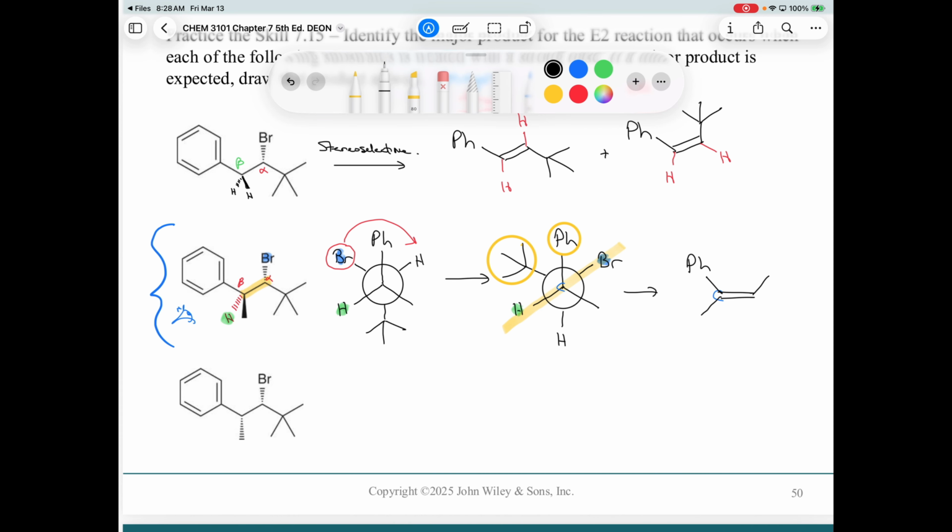So we're going to draw a bond up here, and we'll put the tert-butyl over here like this. And then we've got our hydrogen like this. If you drew this product, did you notice this is a Z product? This is the Z alkene, zusammen, together, right? The phenyl has a higher priority than the methyl, and the tert-butyl has a higher priority than the hydrogen. Anybody get something like that?